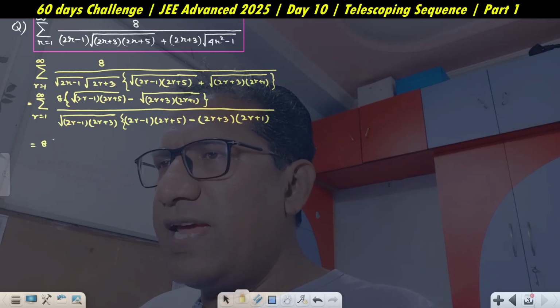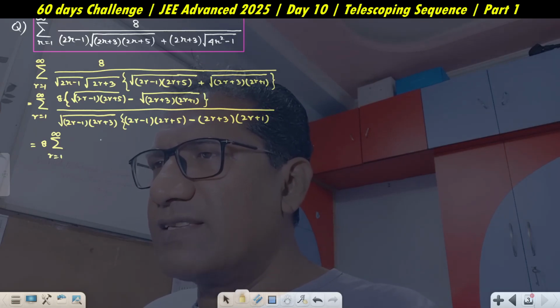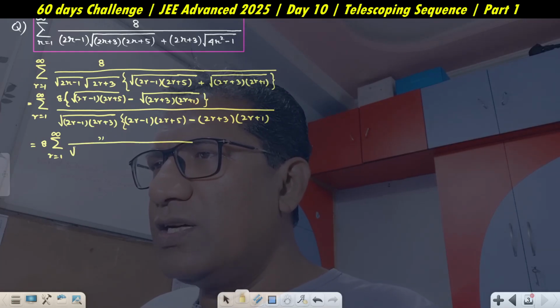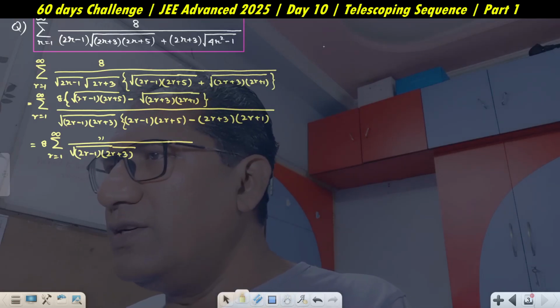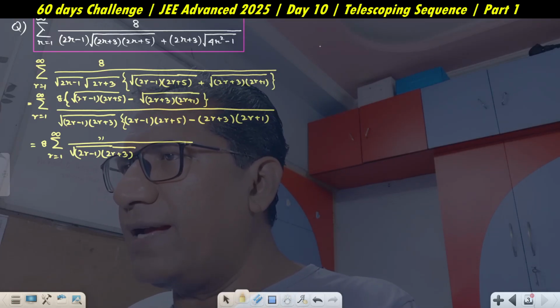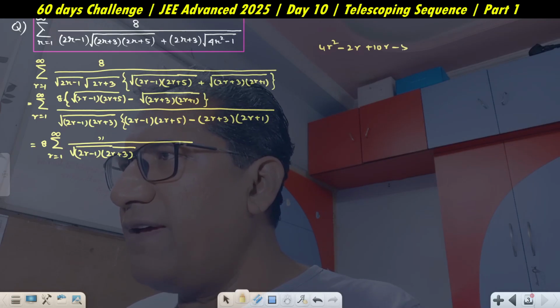So let me just take 8 outside the sigma. And in the numerator, we are having the same thing. I'm not writing it anymore. Let me just simplify the denominator. If we just open the brackets, we are getting 4r square minus 2r plus 10r minus 5.